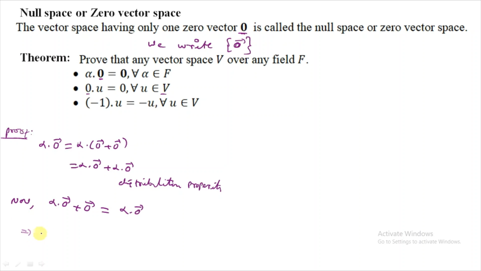This implies alpha dot 0 plus 0 vector equals alpha dot 0.